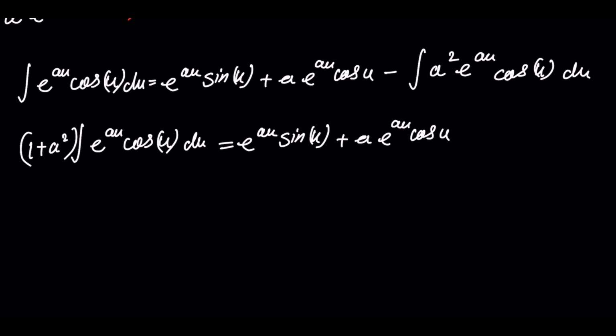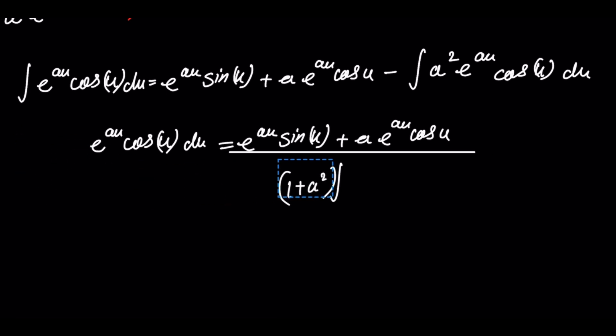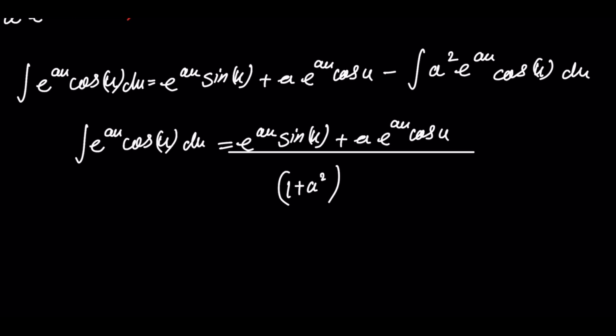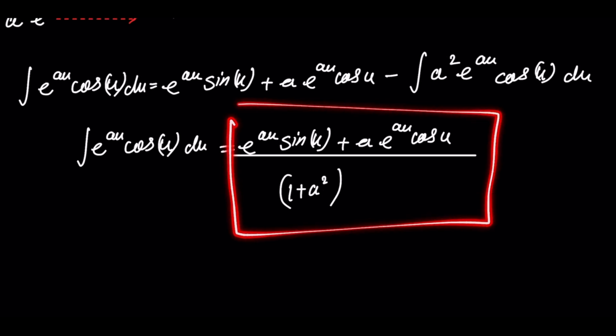Now, we can eventually find the integration of e power au cos of u by taking this towards the right-hand side over here. So let's substitute this in the place of the integral.